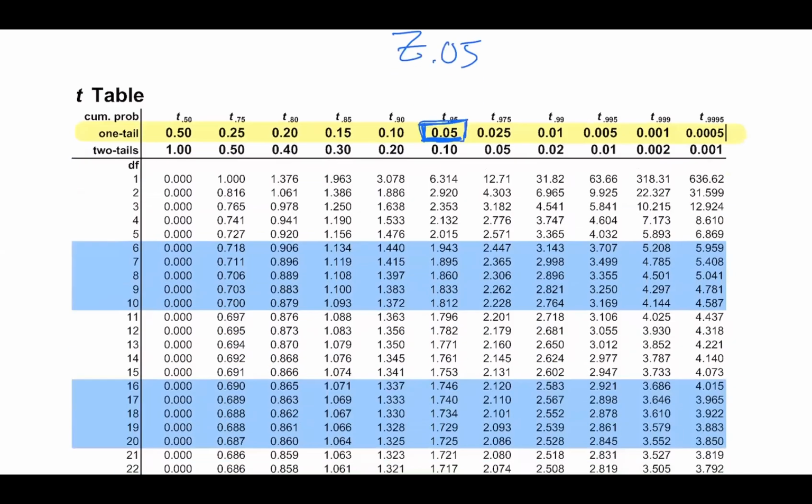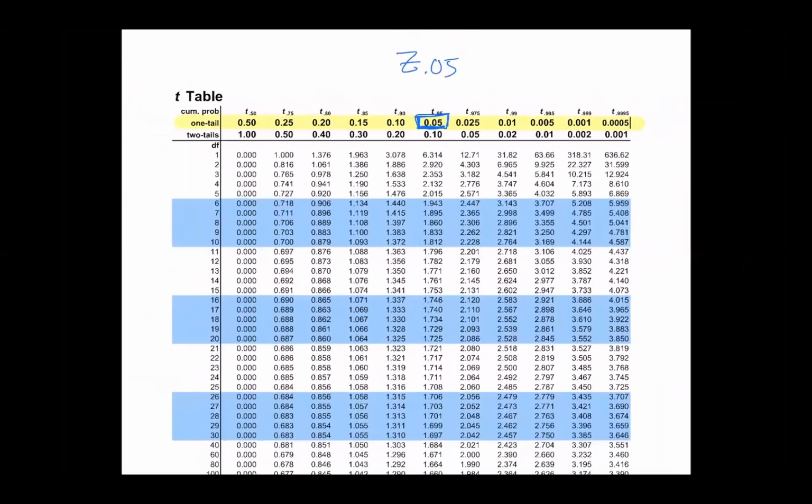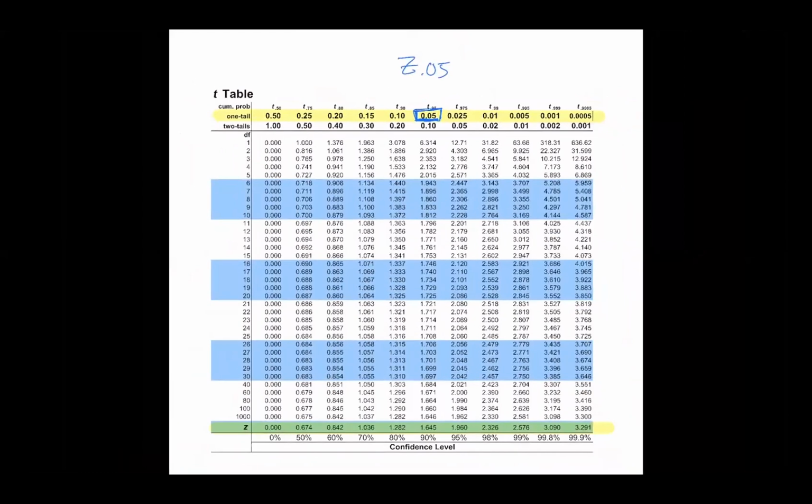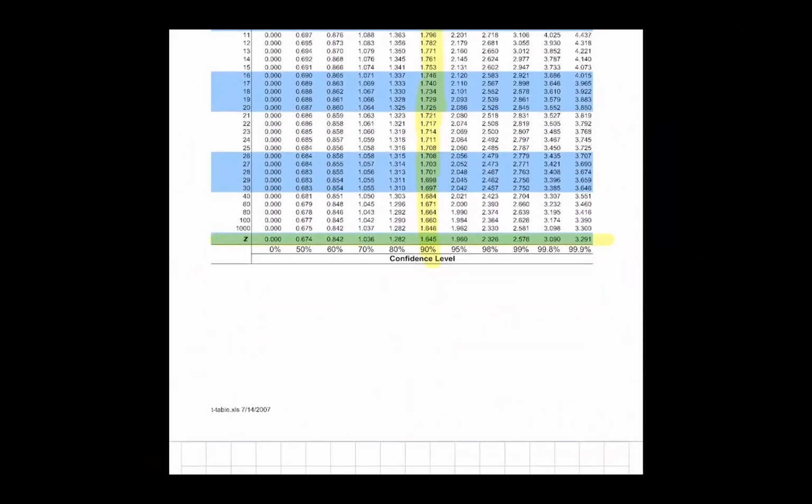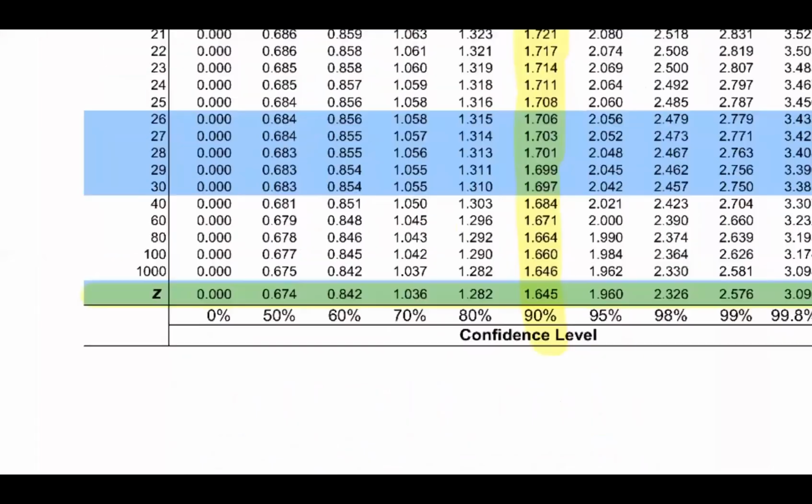All right. So then what you want to do, let me kind of zoom out. You just want to go all the way down to the bottom. And you see where you have the Z value, and then you have that vertical line that I just drew. You want to see where do they intersect.